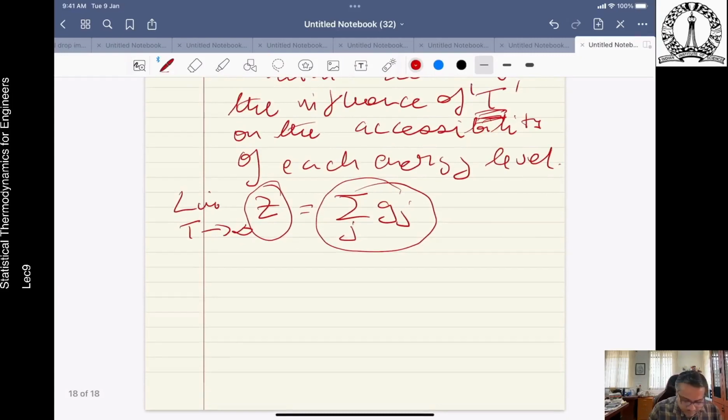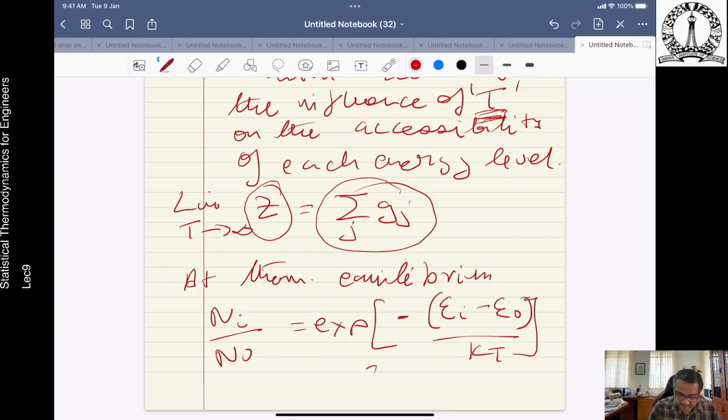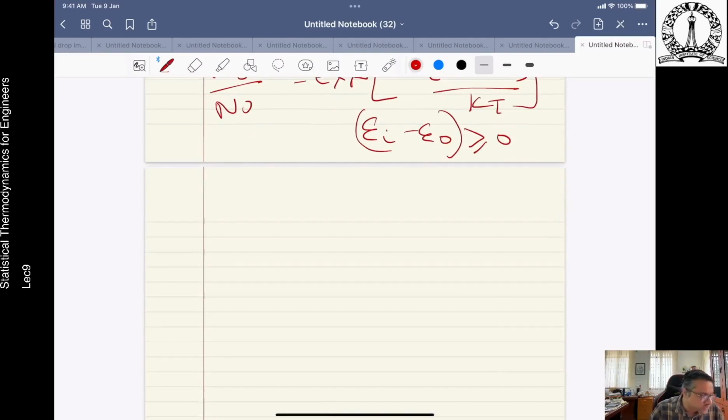Now, at thermodynamic equilibrium, Ni by N naught is equal to exponential minus (Ei minus E naught) by Kt, where Ei minus E naught is definitely greater than 0.